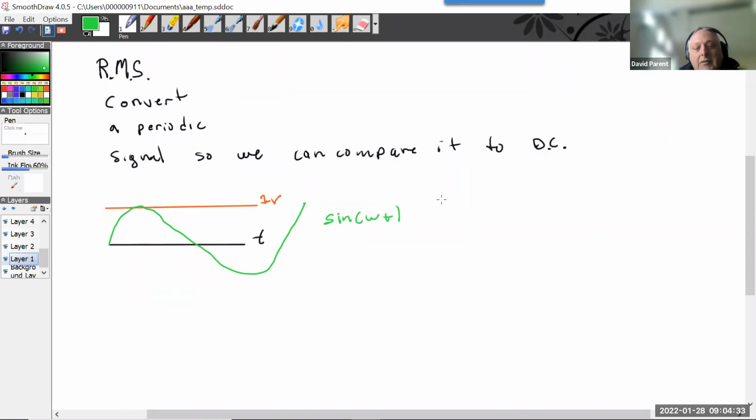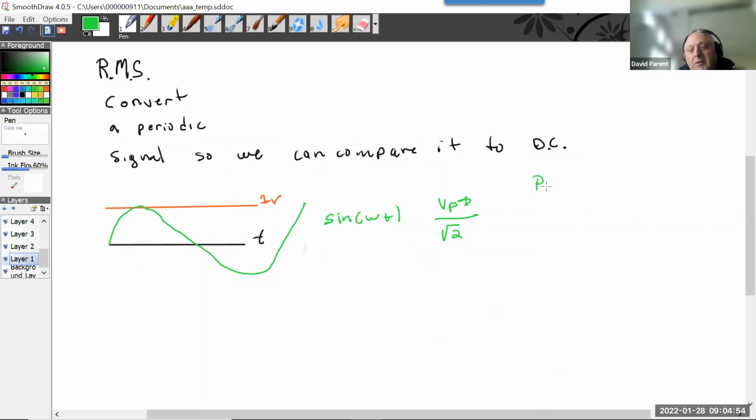Of course, probably this one might be memorized. If you take VP and divide it by the square root of 2, that number then can be used to compare powers.